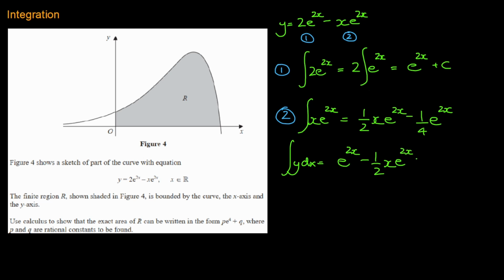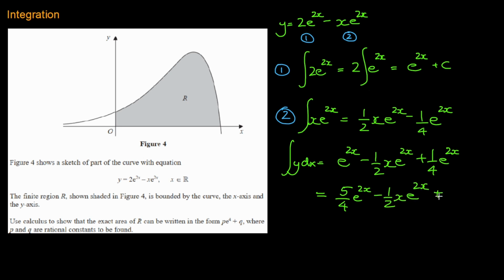Minus times minus, so this is plus a quarter e to the 2x. E to the 2x plus a quarter e to the 2x will merge. So we get, this is effectively 4 quarters plus another quarter. So we get 5 over 4 e to the 2x minus a half x e to the 2x.